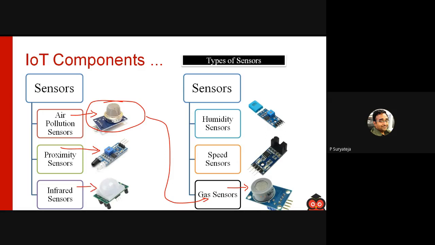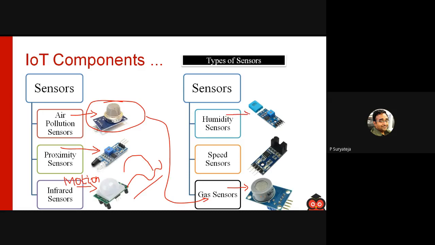And we can have infrared sensors. You can also call them motion sensors. That is, you can detect the path along which the object is moving. Either it is going like this or like this or like this, some path. Such things can be detected using infrared sensors, also called motion sensors.